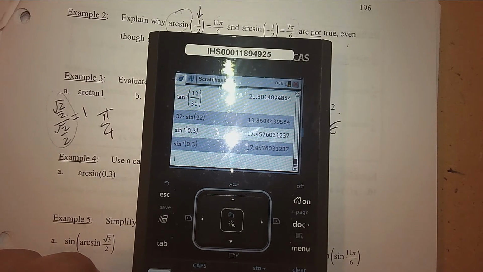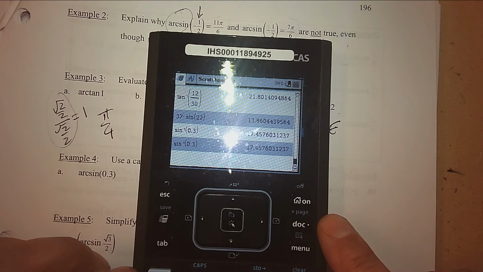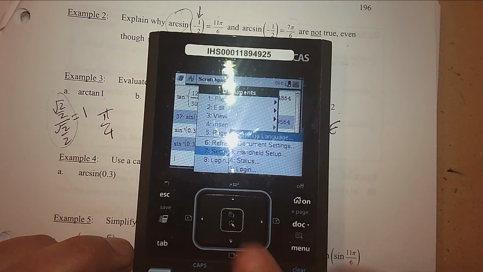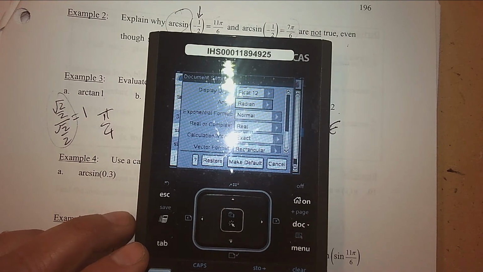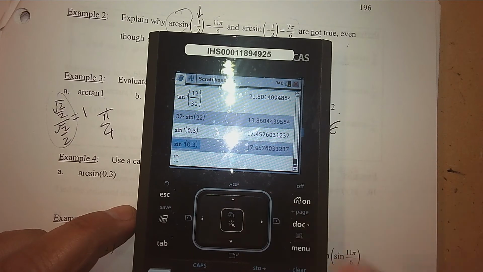Is it still that? No, it's still in degrees. How did I change this? Let's see if this one changes it now. Now it's in radians.